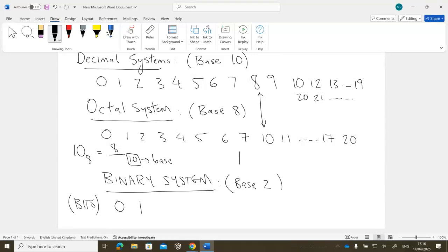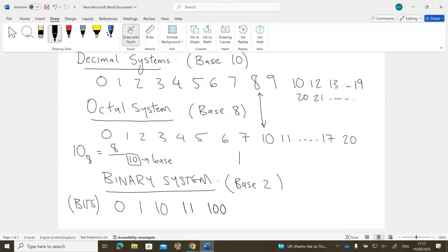Okay, tell me at least the next few. What should be the next one? 10. 11, very good. Then 01. 01 is just 1. So 100. Does that make sense? Because after 99 you get 100.